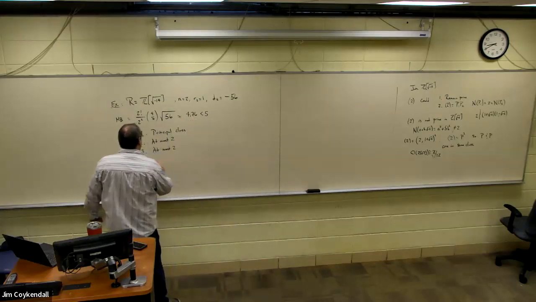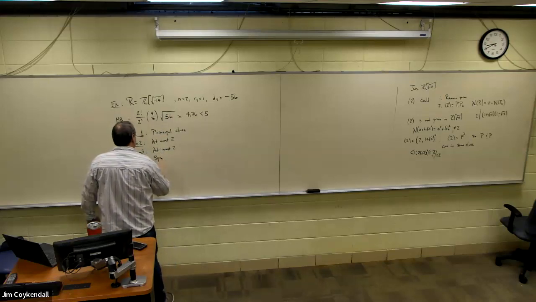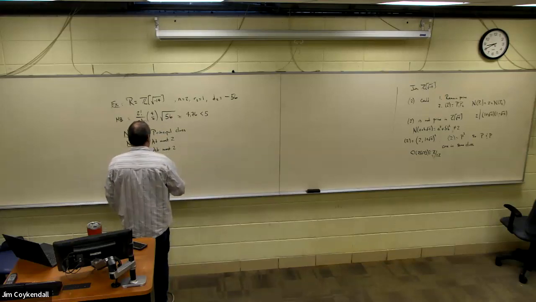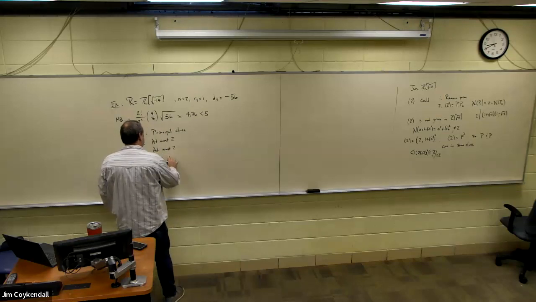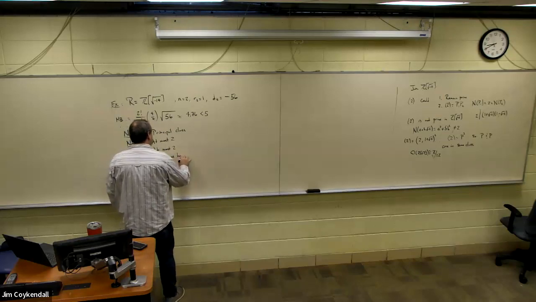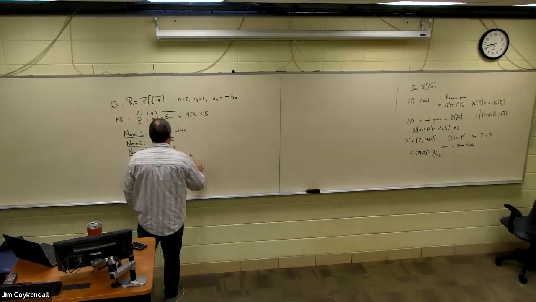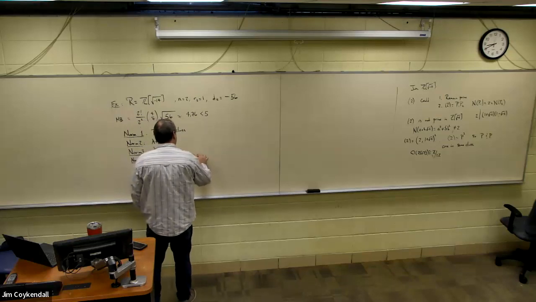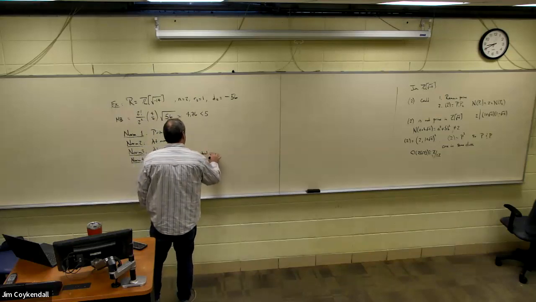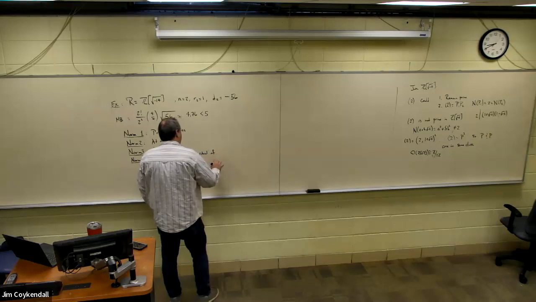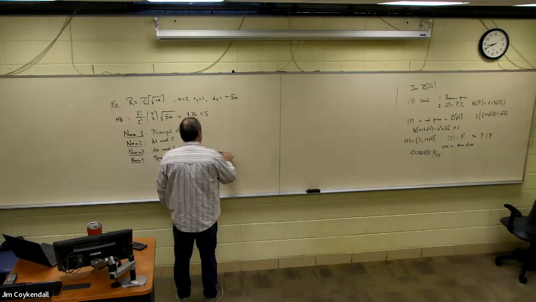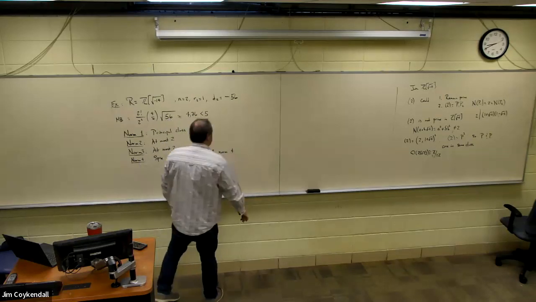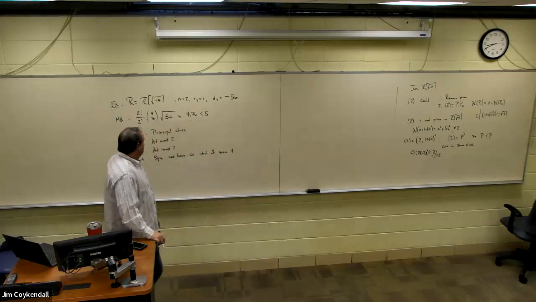So suppose it has to be a product of these primes of norm 2, right?